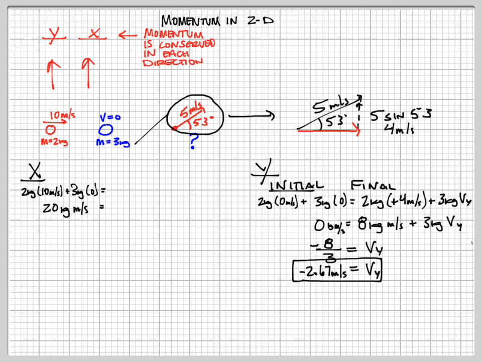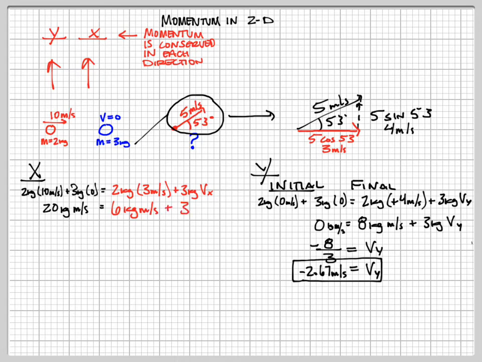So we're going to do 5 cosine 53, which comes out to be 3 meters per second. So that goes in my x direction stuff. Afterwards, the 2 kilogram ball is moving at 3 meters per second. And I'm left with the 3 kilogram ball, and I don't know what his velocity in the x direction is.